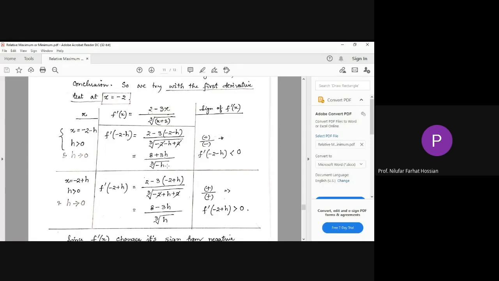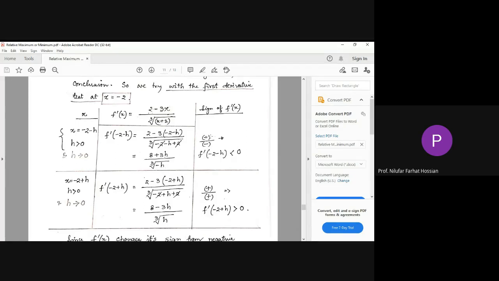Do you understand it? Yes, ma'am. Yes, because you know cube root of 8, that means 8 to the power 1/3 is 2. But if you take the 1/3 power of minus 8, the result is minus 2. Remember it, when you take the cube root of some positive number, the result is positive, and cube root of some negative number, the result is negative.